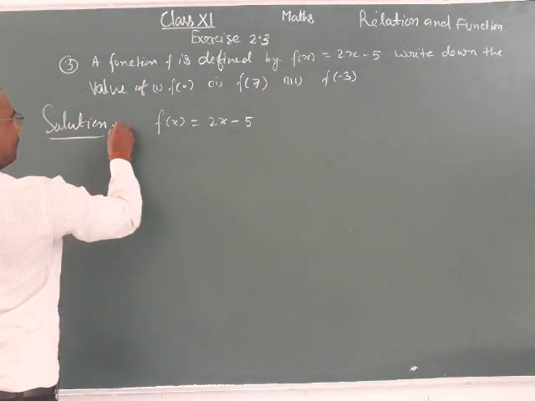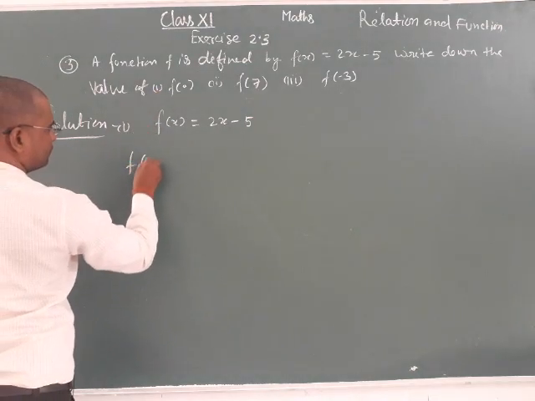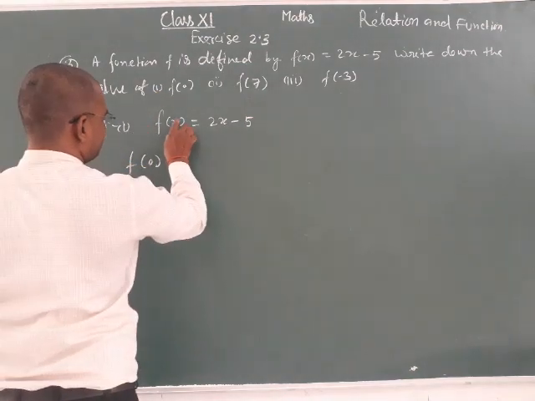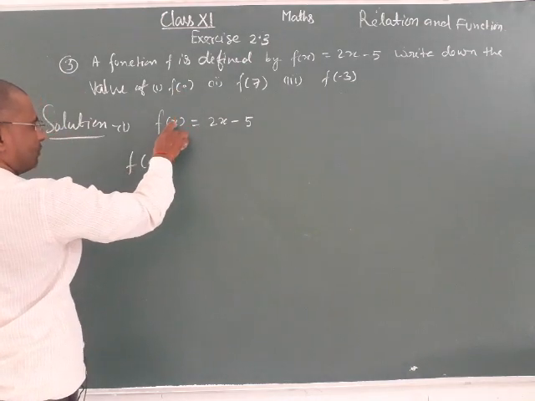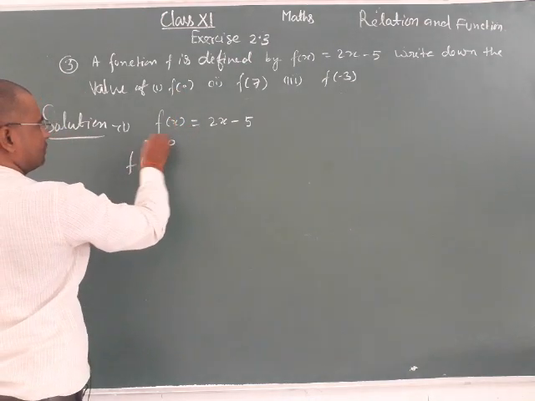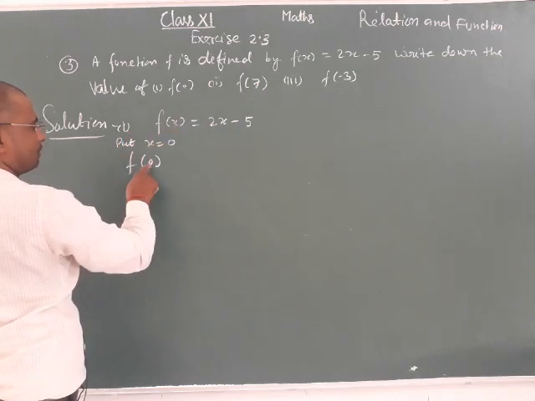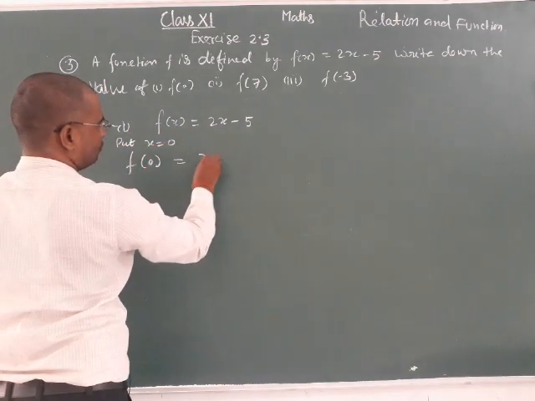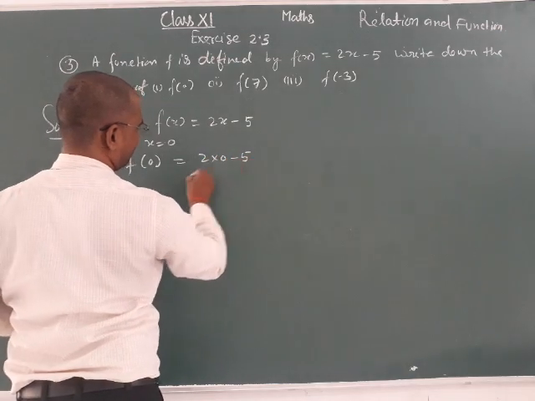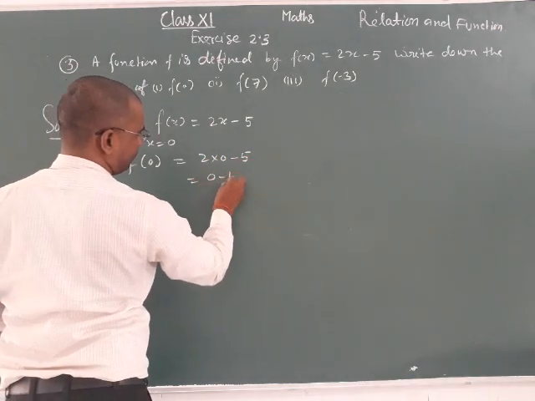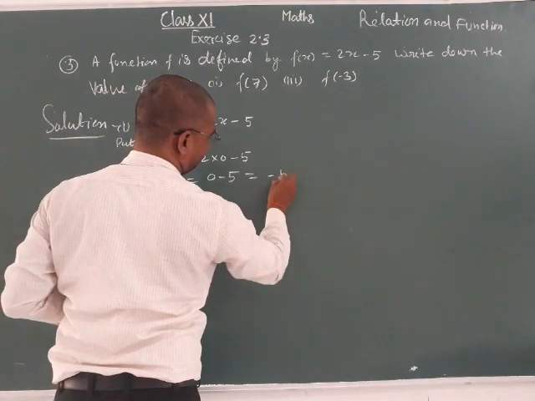First part, f(0): put x is equal to 0, so 2 into 0 minus 5, minus 5.